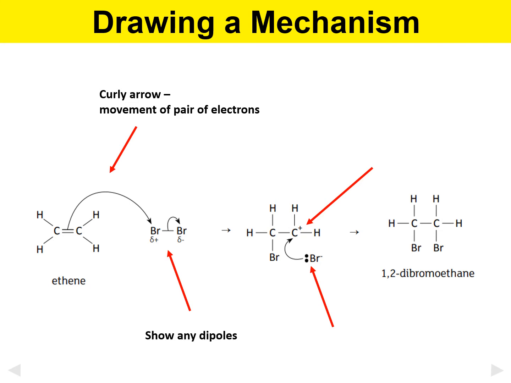We're going to show any dipoles in our molecules. When we have a positive charge, that is a full positive charge, and that is on our carbocation. And if we have any negative ions, we show the lone pair as shown on the bromide ion.